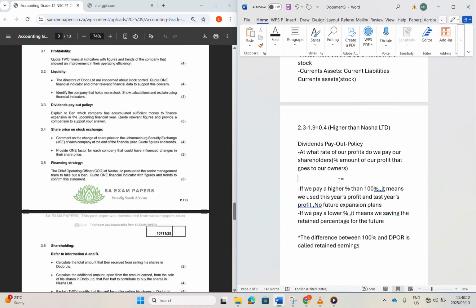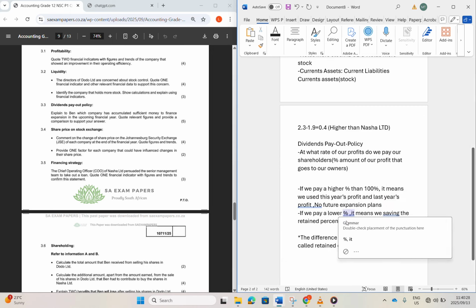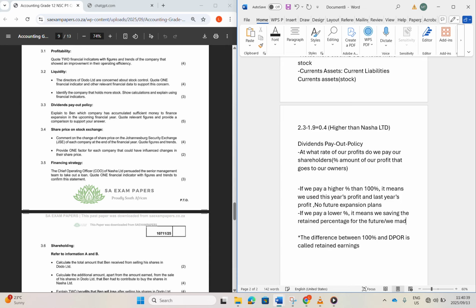They want future growth, future expansion. So if we pay a rate higher than 100%, it means we used last year's retained income just to please the shareholders. If we pay a lower percentage, it means we are saving the return for the future, or maybe we made a loss. These are the possibilities.